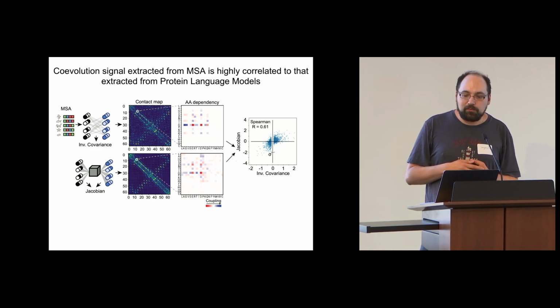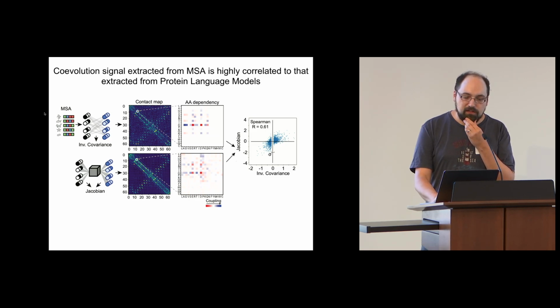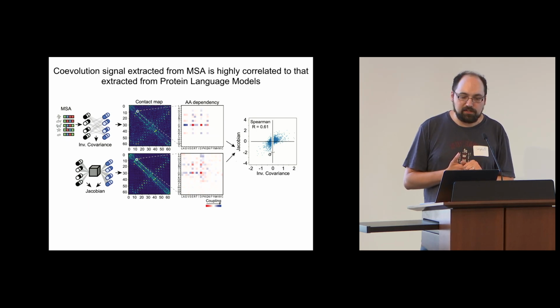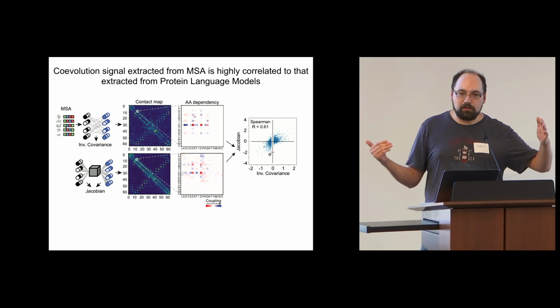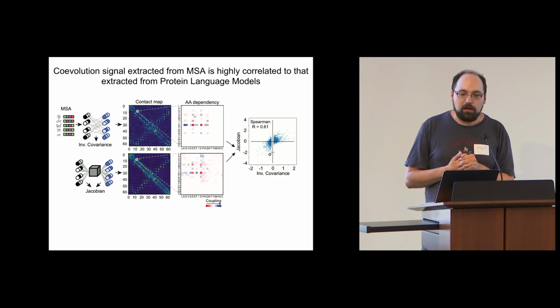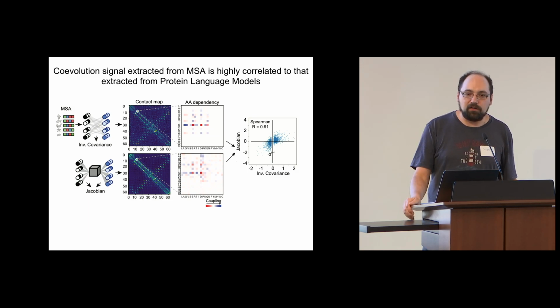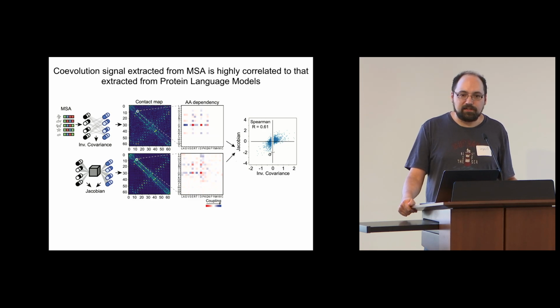So we're not expecting the correlation to be one, because we expect the protein language models to get better, maybe because they're able to use more information or filter information in different ways. It's still an unsolved problem in the MSA space, for people who work on multiple sequence alignments: which sequences should I include and not include? And also, how do I align these sequences to each other? We would expect a model that was not explicitly forced to do either of those tasks may have learned a better version of that to some extent.